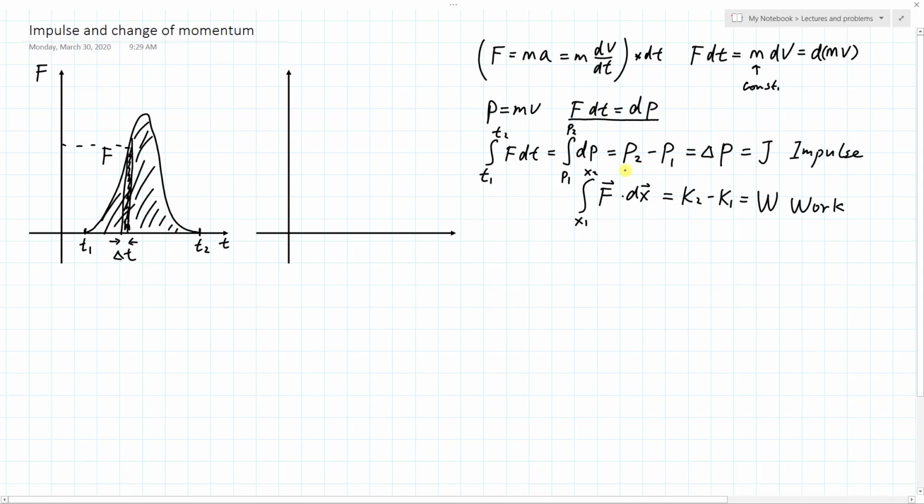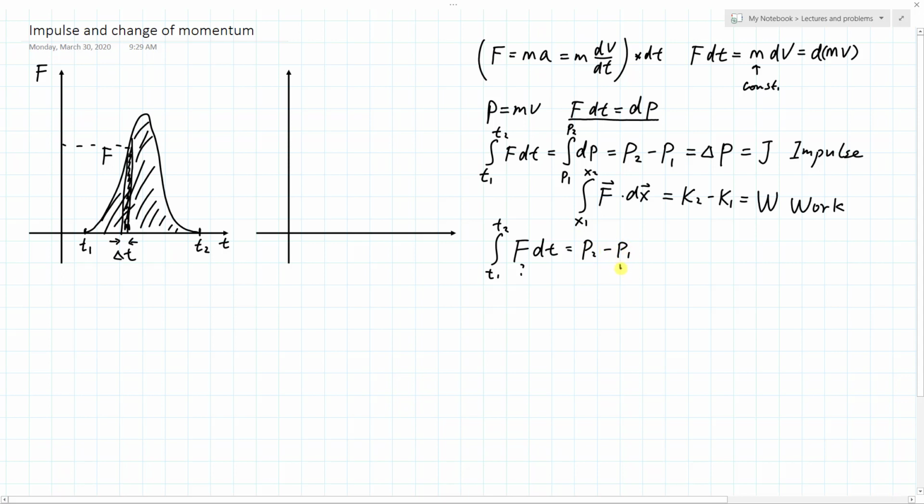So what we have here is, let's keep writing on the right side. We have a force, some unknown force, and this duration to be integrated from T1 to T2, and we have P2 and we have P1.